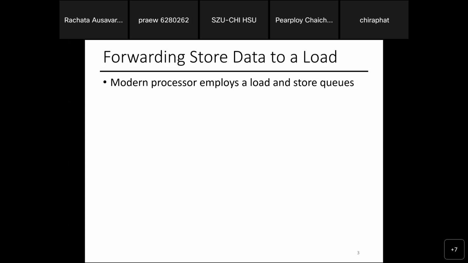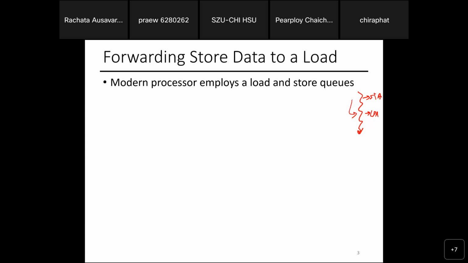Because it's the same address, right? Let's say you have instructions run like this. I have store to A, and then later I have load to A. Do I have to go to DRAM for the load to A? Not really. I can forward the data at that address from the store to the load.